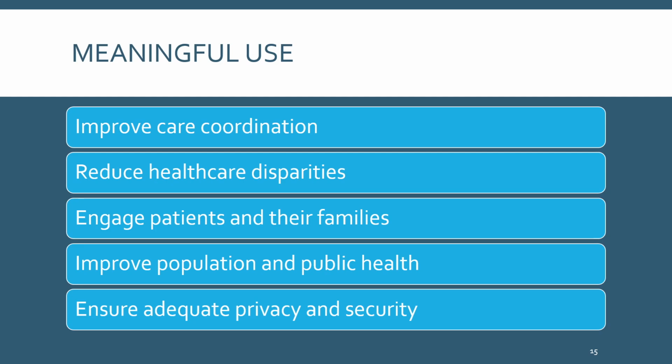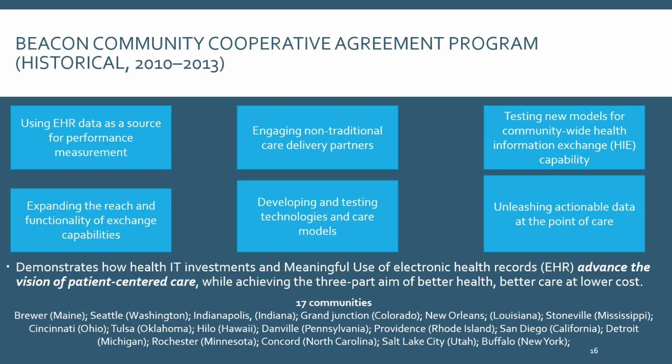Those goals were not really attained, and it was criticized a lot because it didn't facilitate the daily work of the providers, and that was one of the challenges: the meaningful use and the adoption of electronic health records were not really there.